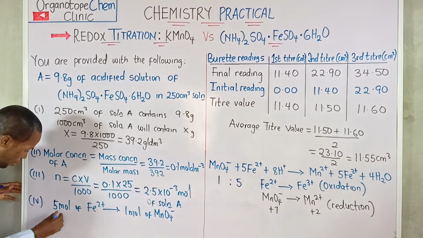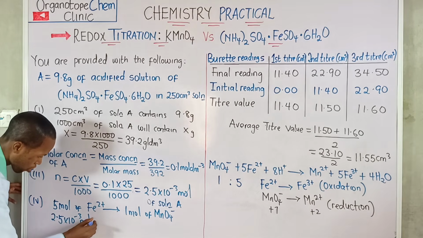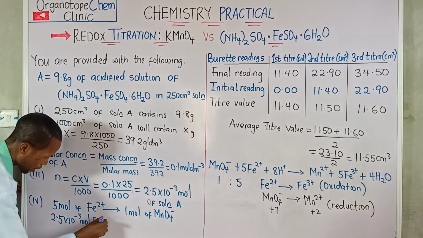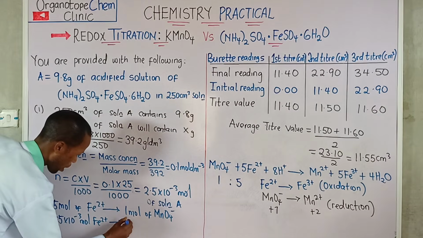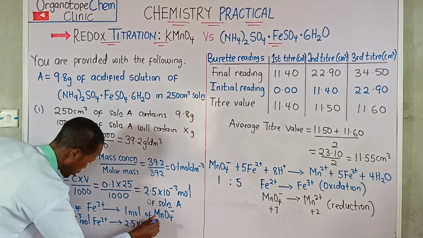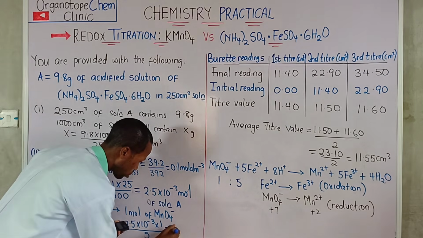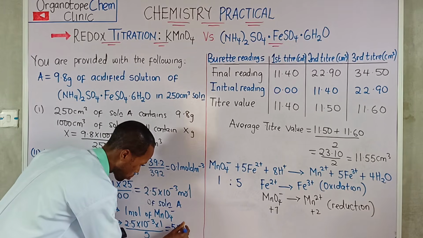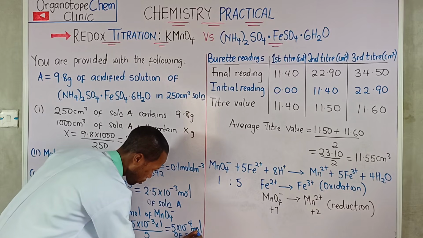Therefore, 2.5 times 10 raised to power minus 3 mole of iron 2 ion will react with, can we cross multiply? We have 2.5 times 10 raised to power minus 3 times 1 divided by 5. We are going to have 5 times 10 raised to power minus 4 mole of solution B.